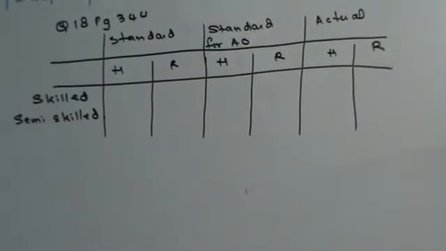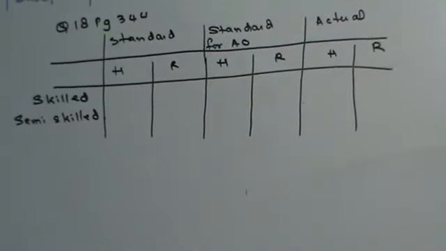Okay. Now let's look at the standard data given to you. The standard data for skilled labor is 2880 hours and the hour rate is 20. Semi-skilled is 1920 hours and the hour rate is 10. Total hours required by semi-skilled and skilled is 4800 and the output is 108 kgs.